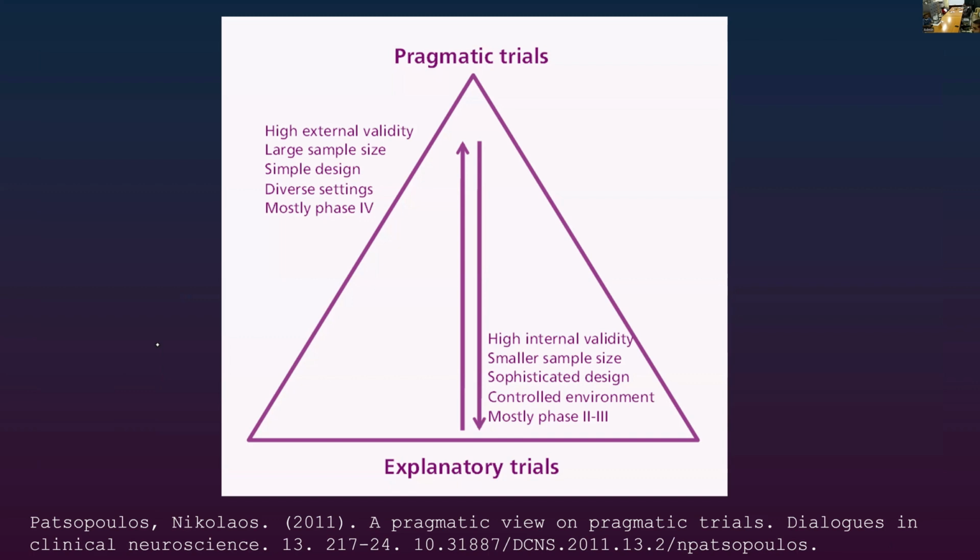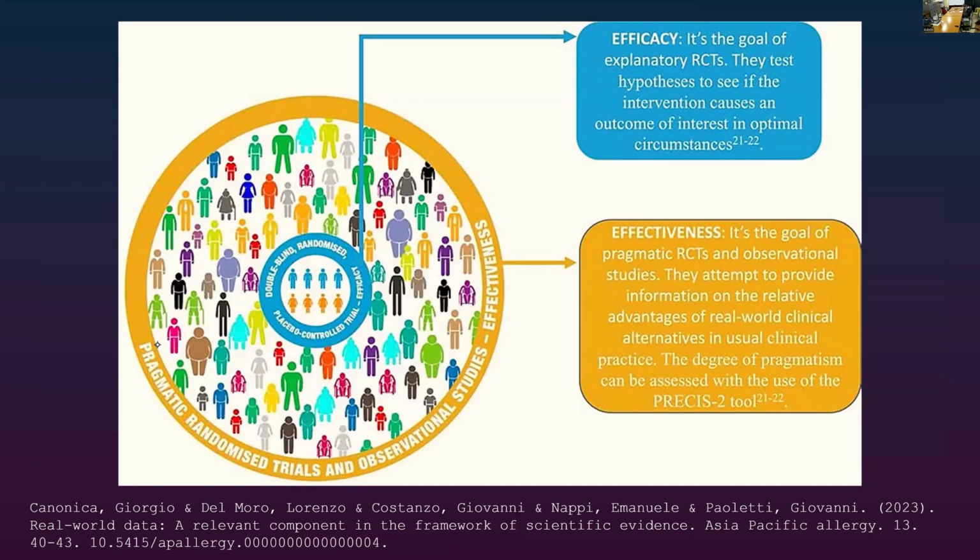The advantages of pragmatic trials are that they have very high external validity, so they are quite generalizable. They have a large sample size, and a probably simple design that can be incorporated easily into daily practice. They are conducted in diverse settings, and mostly they are phase 4 trials, whereas explanatory trials are phase 2 and phase 3. Here is another pictorial representation of different types of trials.